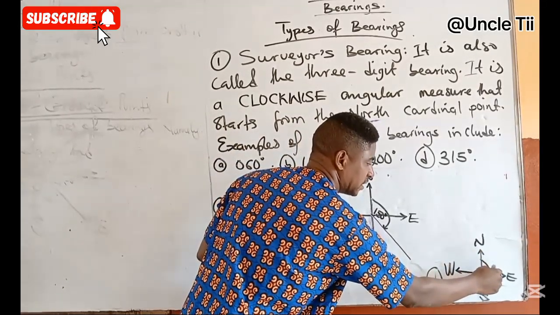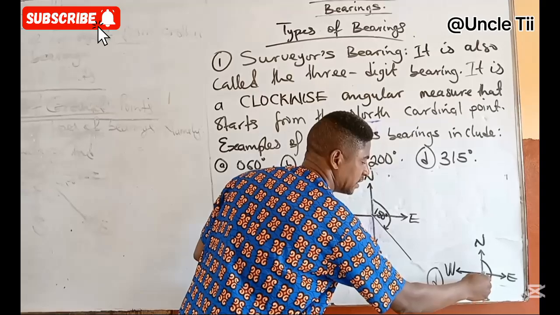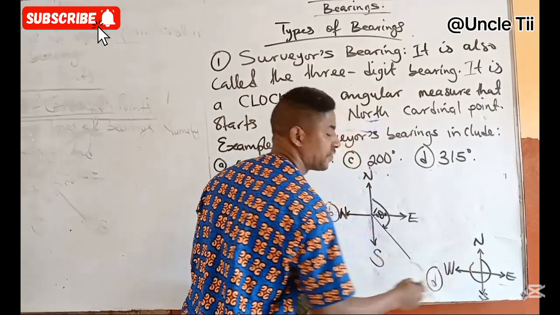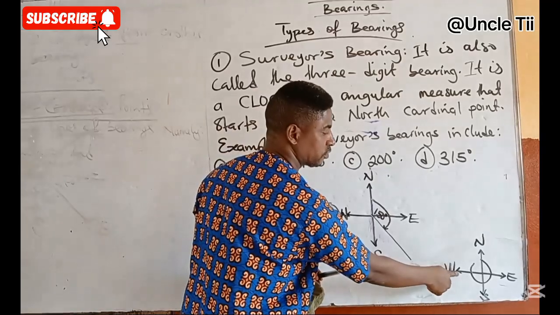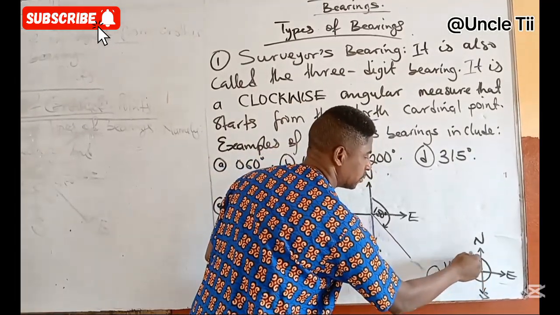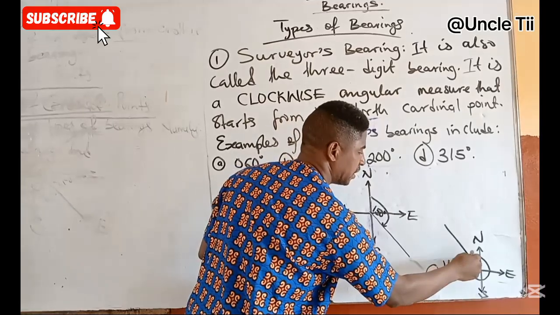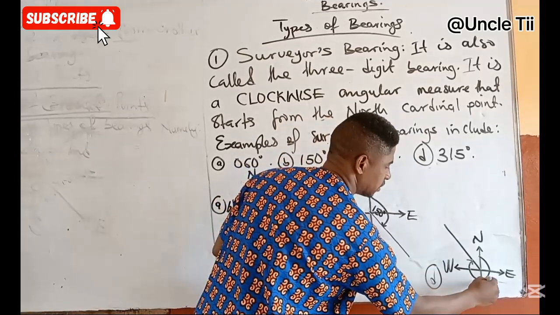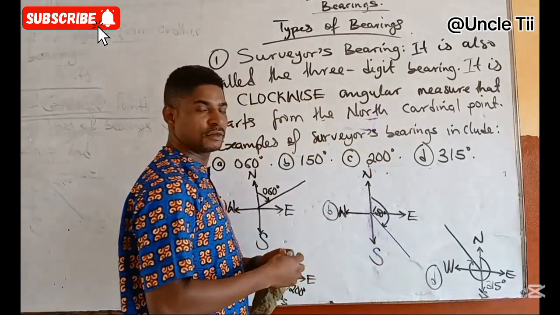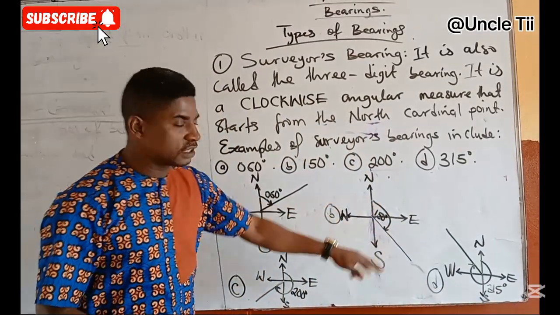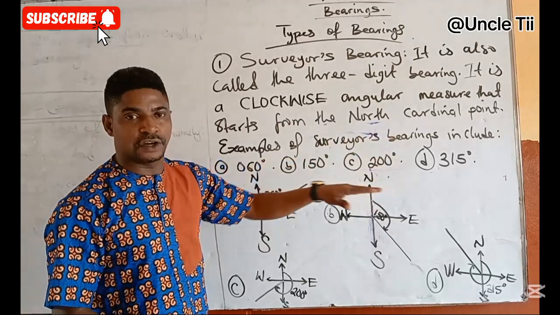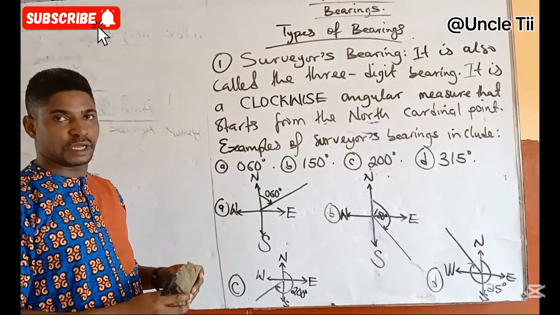This is 90, 180, 270. 315 degrees is more than 270, but less than 360. So the line will stop somewhere there. This is 315 degrees. So these 4 diagrams illustrate these four surveyor's bearings that we have.